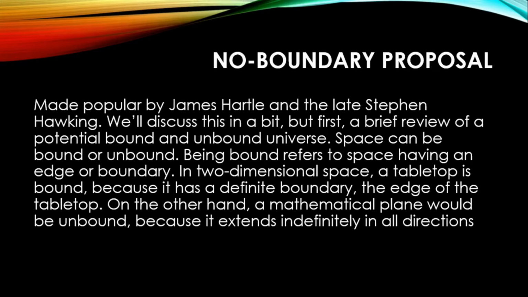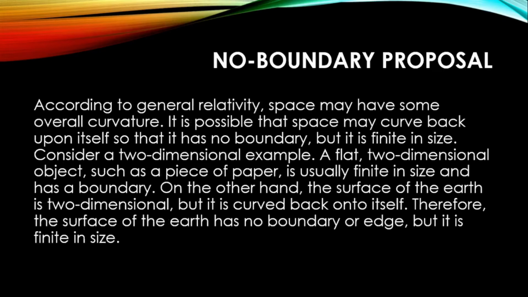It was theorized by Hartle and Stephen Hawking that the universe works the same. It is finite in size, but has no boundary or edge, because the space curved back onto itself, just like the surface of the earth.